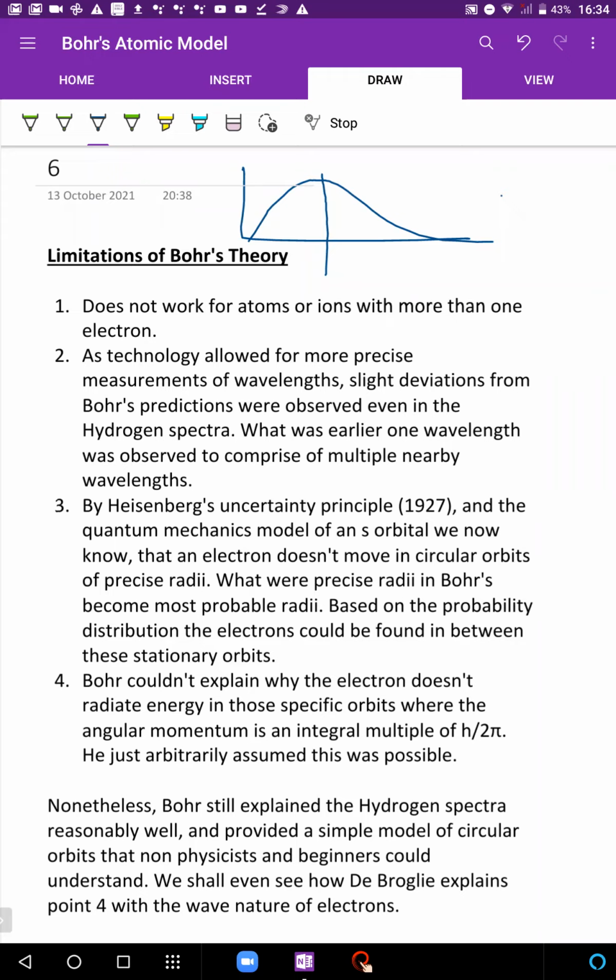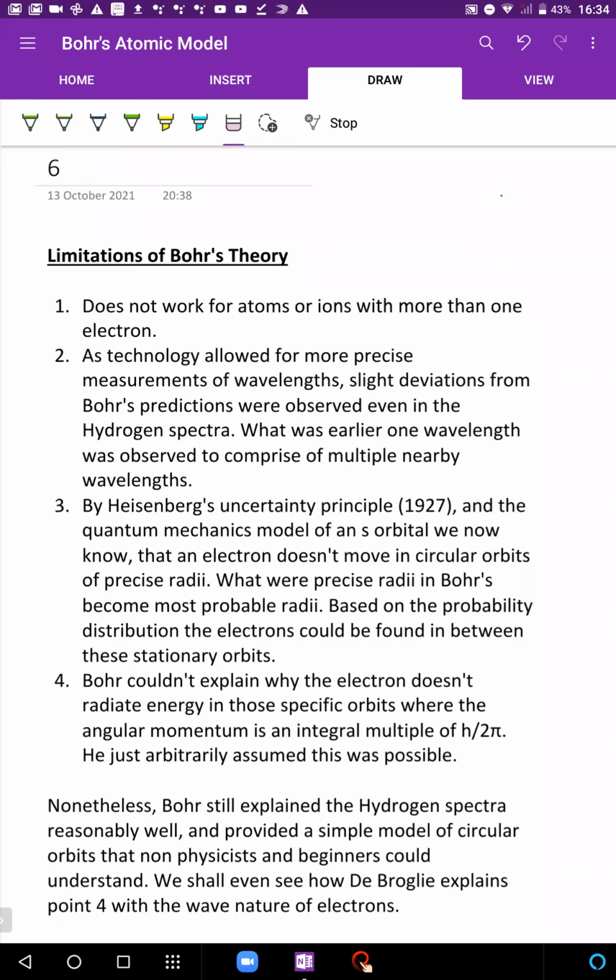Moreover, if it's going to be in that particular orbit, then its velocity also becomes specific. So in a way, you're pinpointing both its velocity, that is its momentum, and its position to be a particular value in your model, which is a violation of Heisenberg's uncertainty principle.